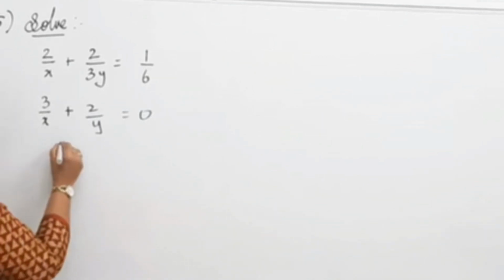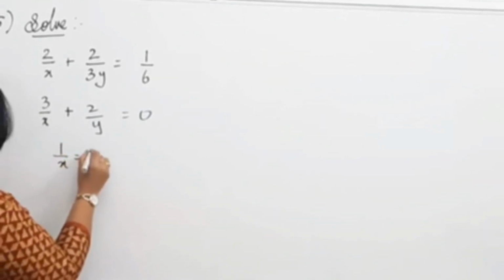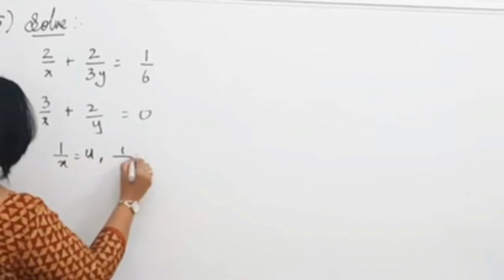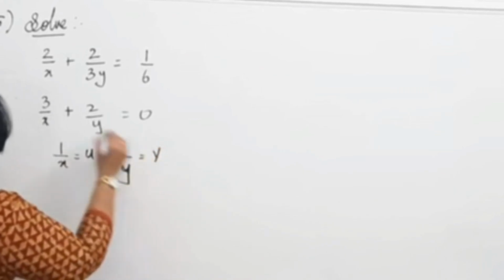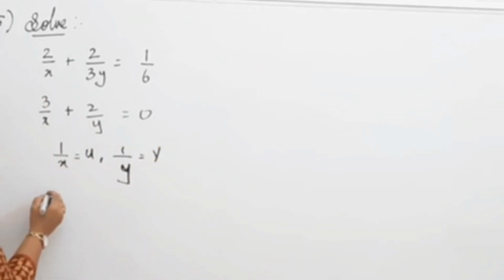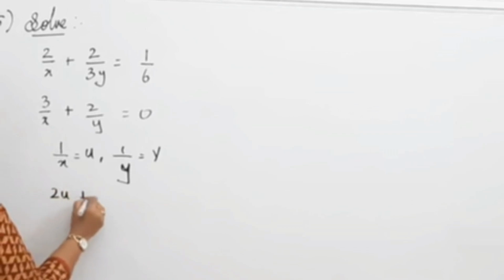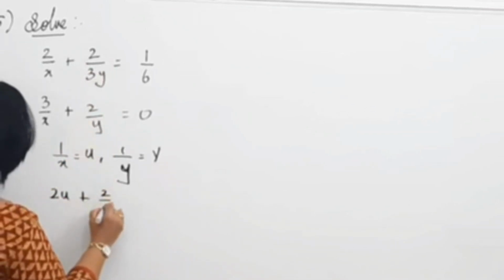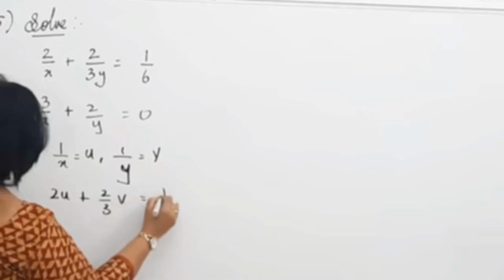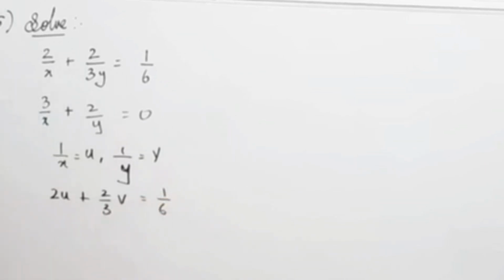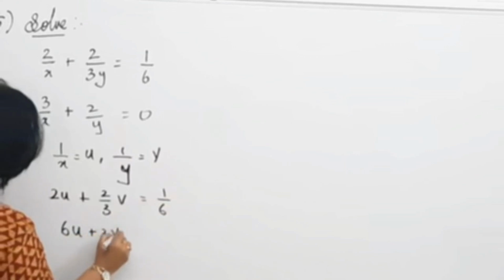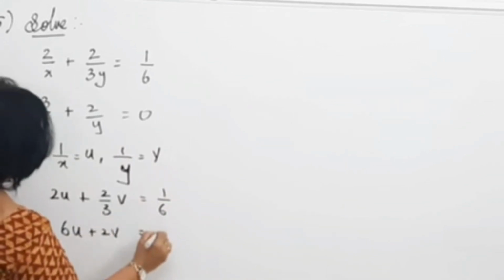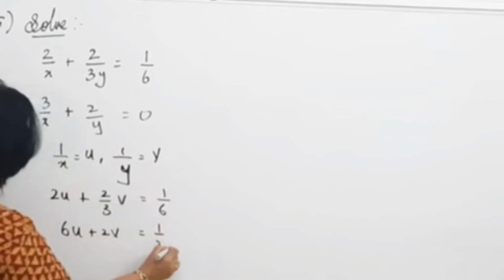We can have here 1 by x is equal to u and 1 by y is equal to v. So let me have my 2u plus 1 by y is v. So 2 by 3v is equal to 1 by 6. On simplification, I have 6u plus 2v is equal to 3 by 6, which is equal to 1 by 2.